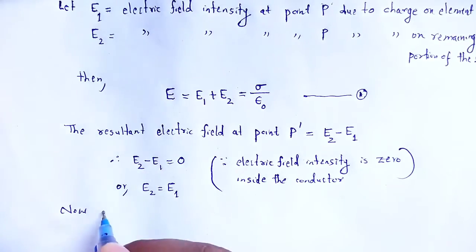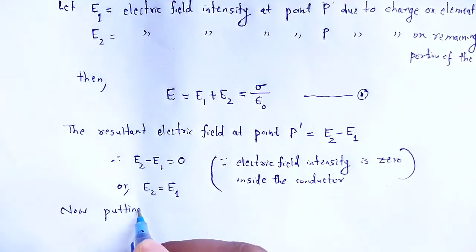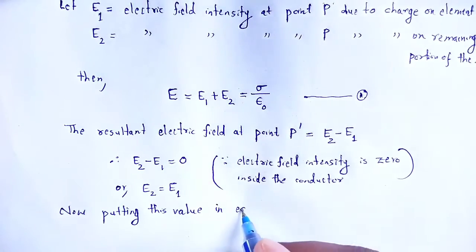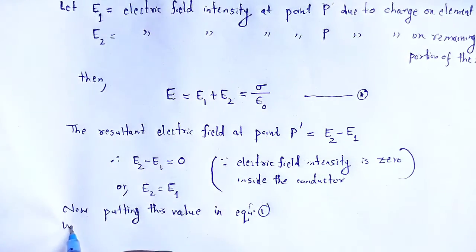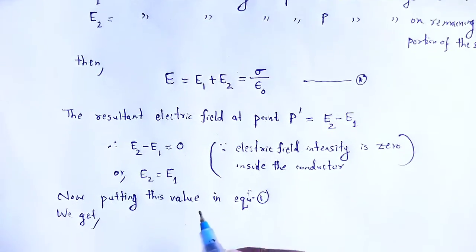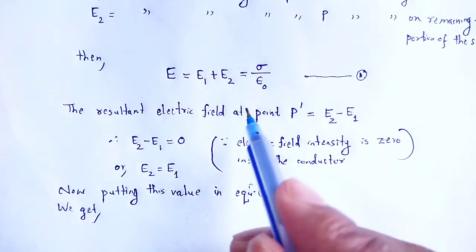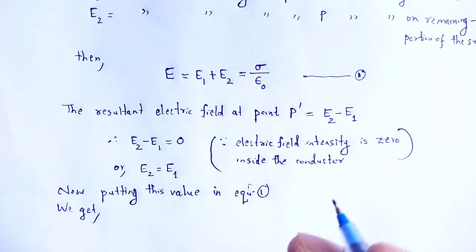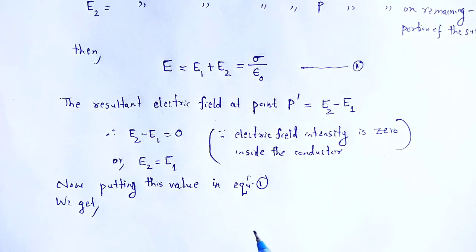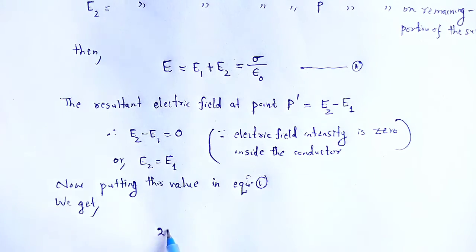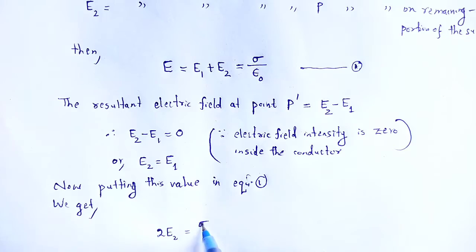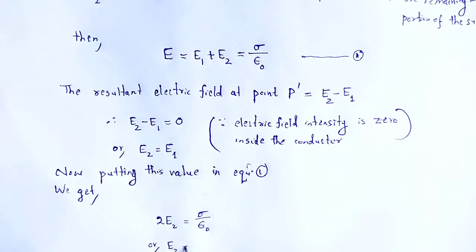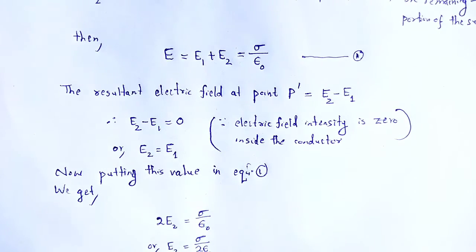Putting this value in equation 1, in place of E1 we can substitute E2. Therefore 2 E2 is equal to sigma by epsilon naught, or E2 is equal to sigma by 2 epsilon naught.